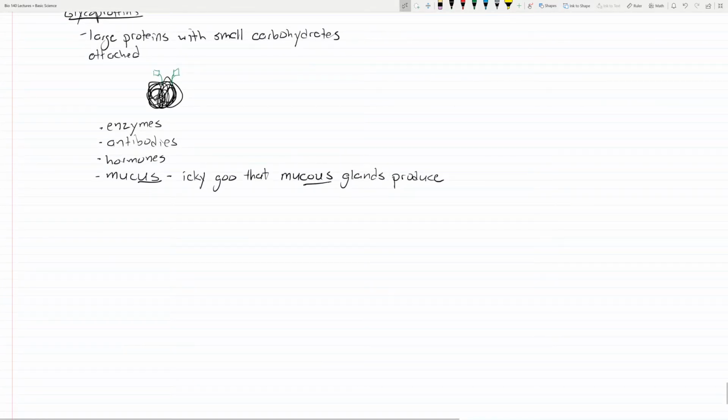And then we have our proteoglycans. And I want to make special mention of these because I'm going to talk about proteoglycans quite often when we talk about cartilage, when we talk about the bones, and when I talk about making fluids thick. Okay. So basically, a proteoglycan is large. They're large sugars.